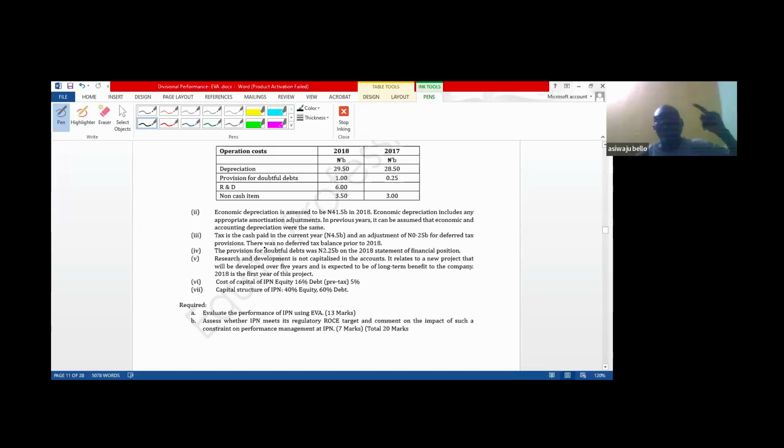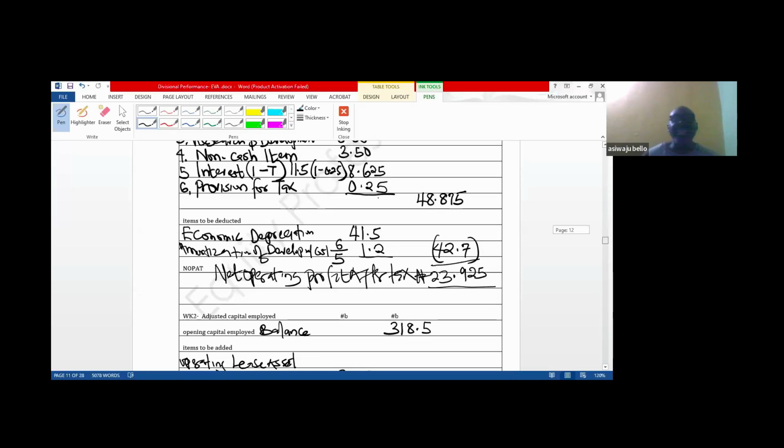This increase in provision must be added back to the capital employed, because by increasing your provision, you are going to reduce the value of the asset. By increasing provision, value of the assets will reduce. Hence, to correct this, you are going to add back the increase in provision. Compare 2.25 billion and 1 billion. What is the increase?